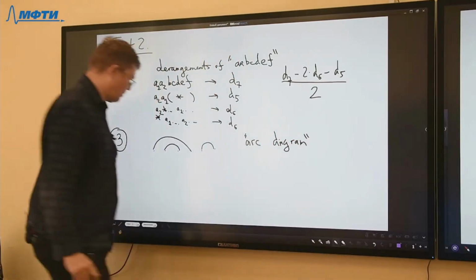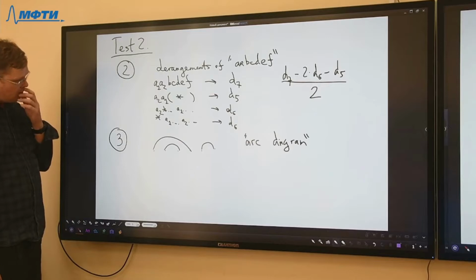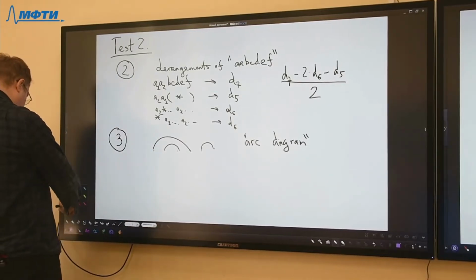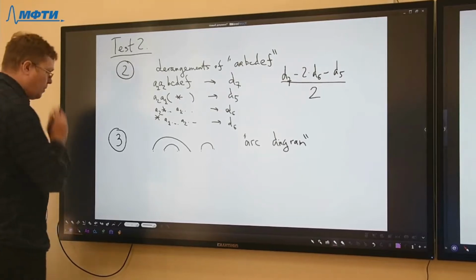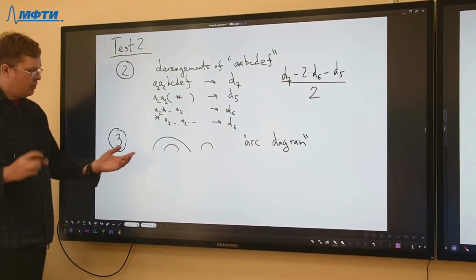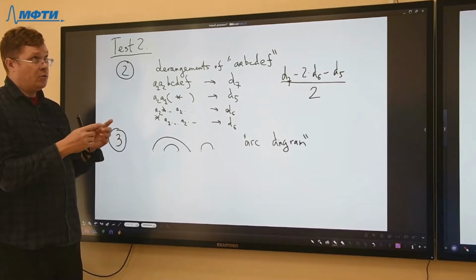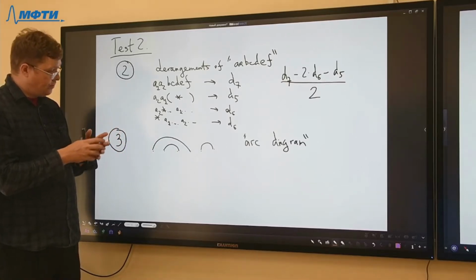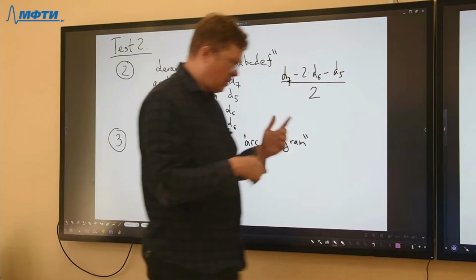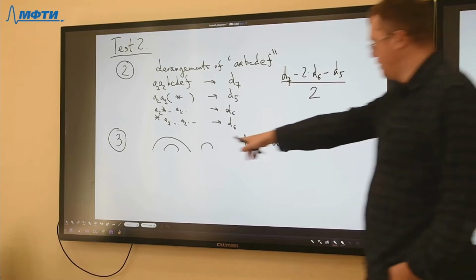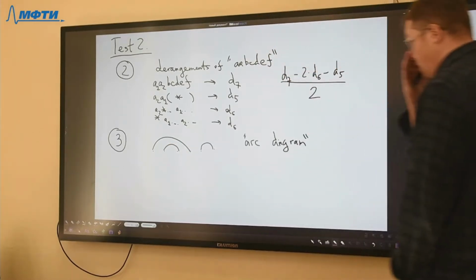And the easiest way to find the answer is firstly, we have 2n elements, and we need to connect them with pairs. So we need to calculate how many pairs we can make from these 6 elements.